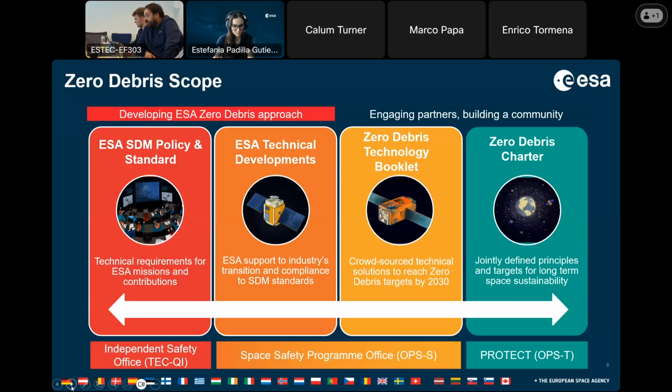Another very important point is the zero debris technology booklet, which shows the technical solutions to reach the zero debris targets by 2030. This is led by the Space Safety Program Office. Next slide, please, Callum.